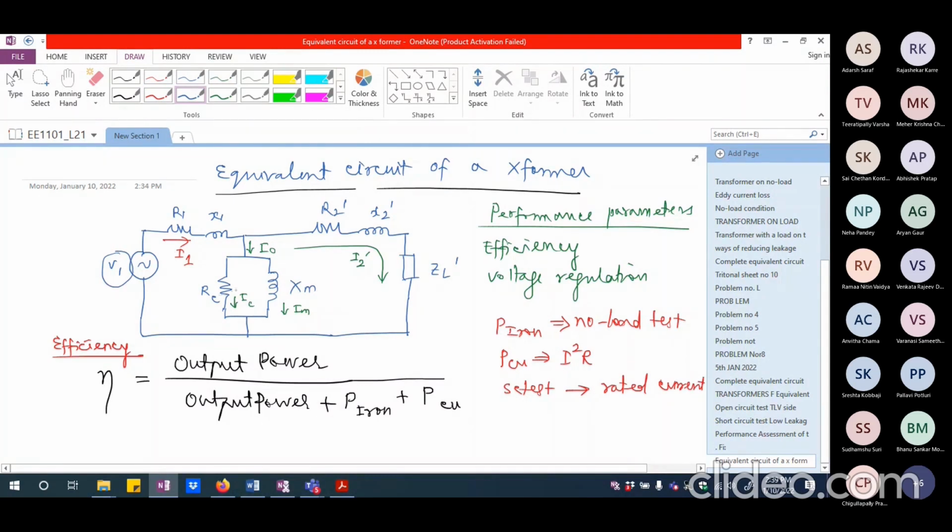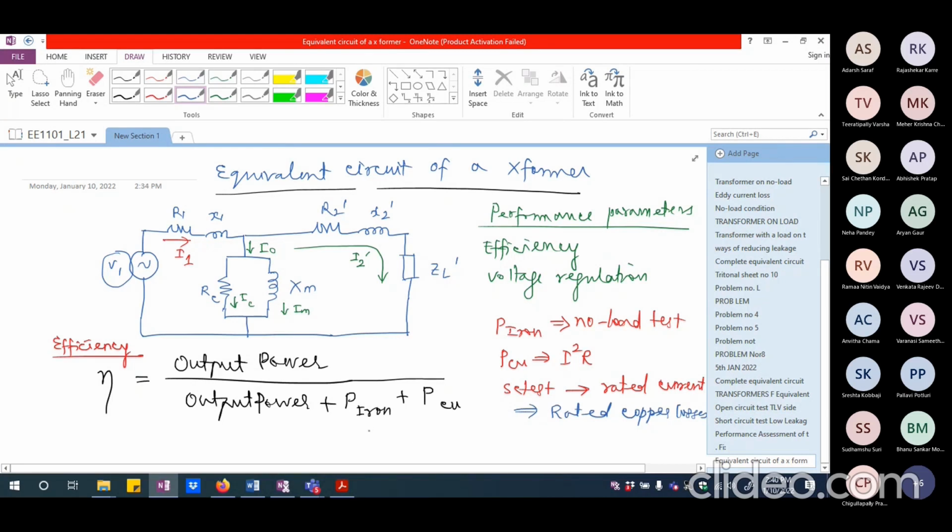So whatever comes during the short circuit test, when the rated current is flowing, I would rather call the short circuit test reading the rated copper losses, because I am passing rated current and the resistance of the winding is intact, right? You are going to have R1 and R2 very much sitting there, so they are going to have the dissipation corresponding to rated current. So we call that rated copper losses.